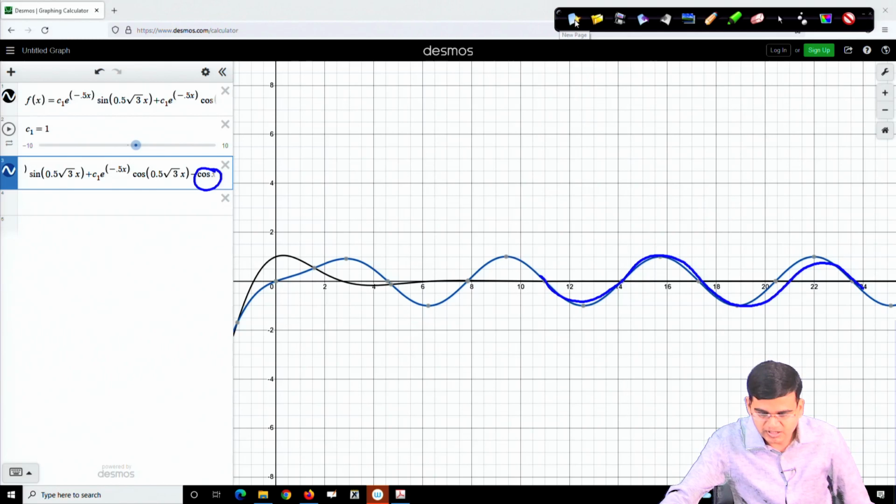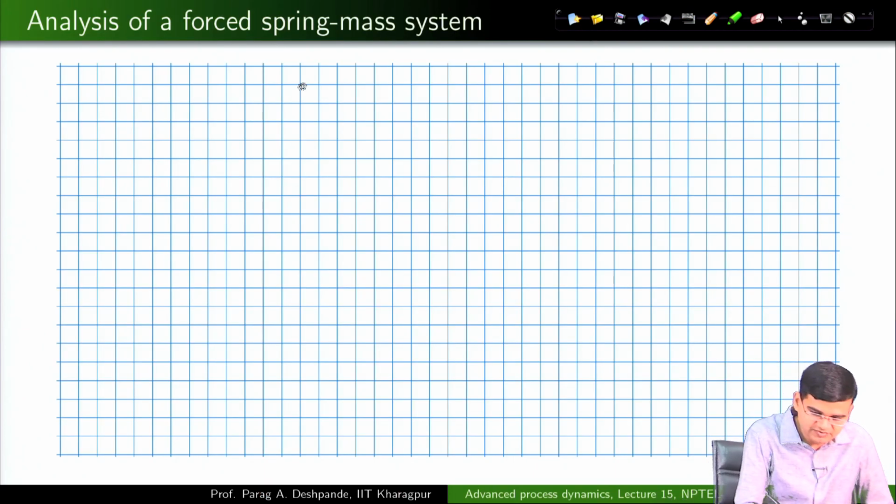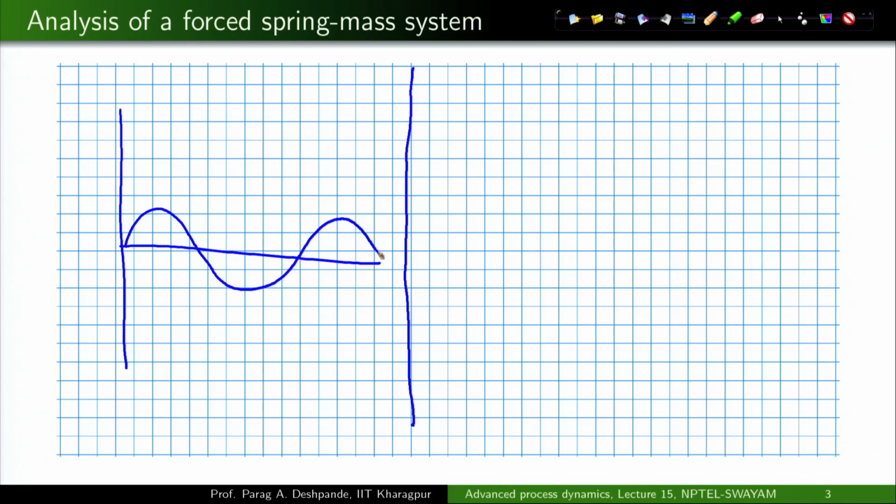Okay. So, what you learn from here? So, let us summarize what we learned here. We had sustained oscillations, right, and on top of these sustained oscillations, when you put an external forcing function, then the amplitude of oscillations kept on increasing.